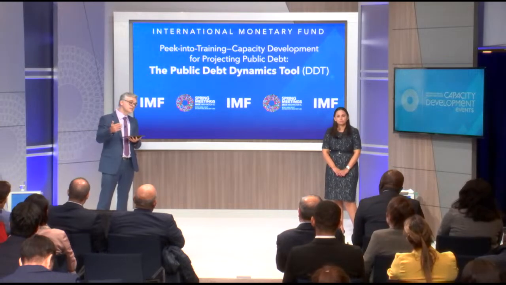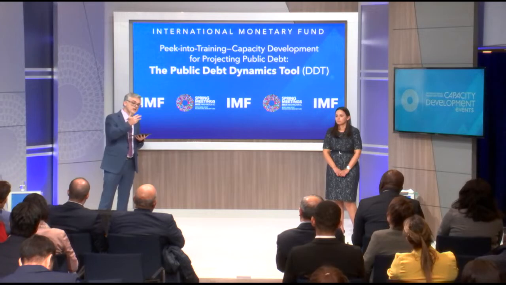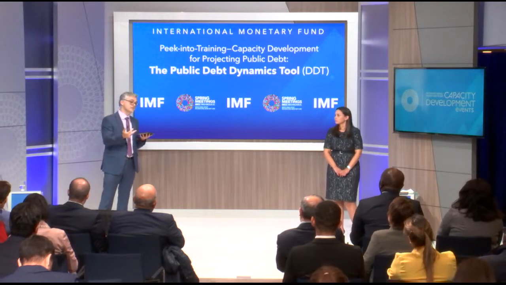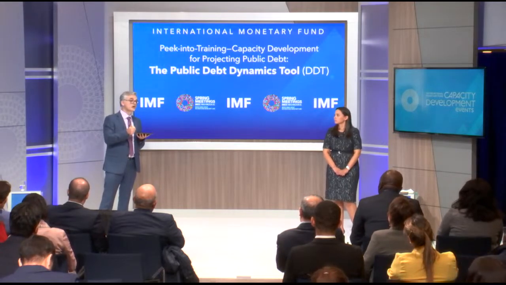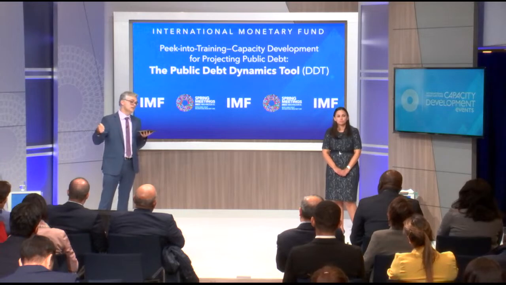So very easily, you can look at a scenario like the one you were suggesting, in which higher growth will allow you to lower the debt level. The way this calculator is useful is that it allows you to look at many scenarios very easily, and then you can confront the alternatives you have in mind. Thank you.